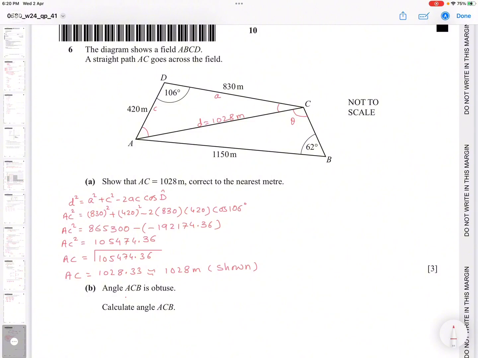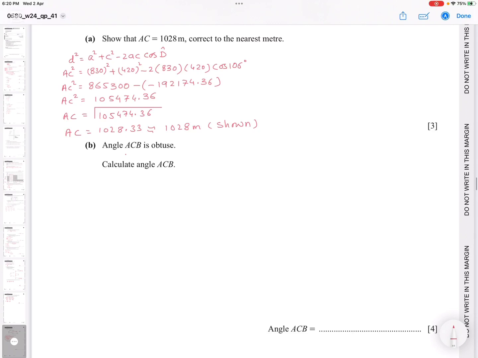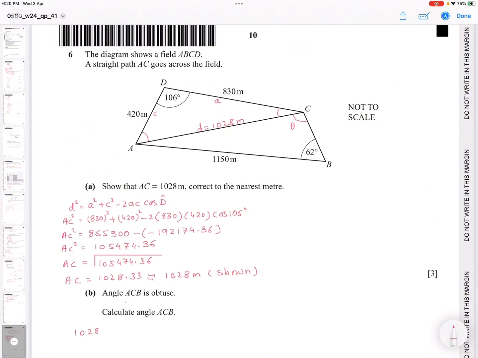Now we will use the sine rule to find angle ACB. Take one length, 1028. I took the length AC, and opposite to it is angle 62.